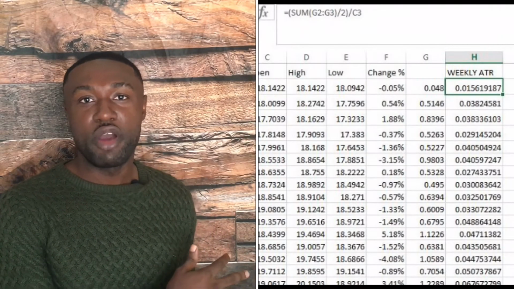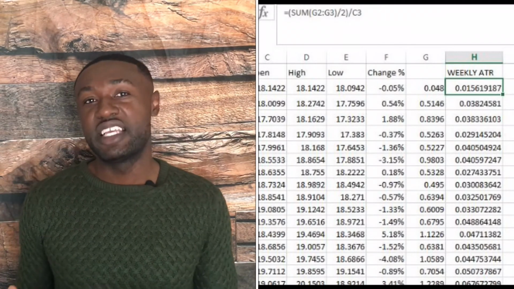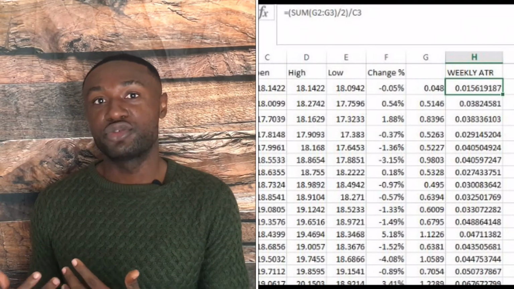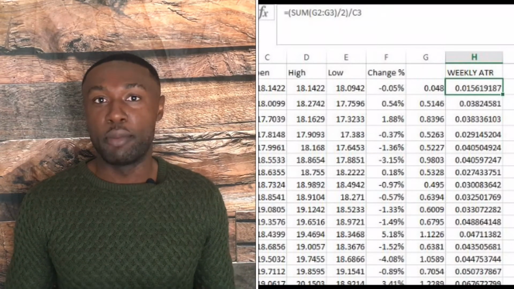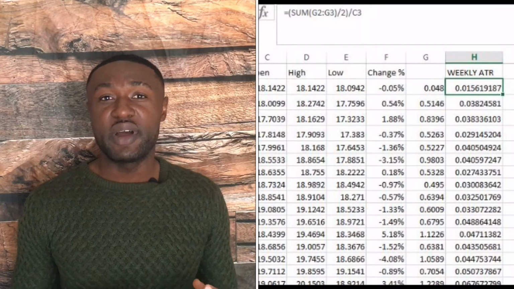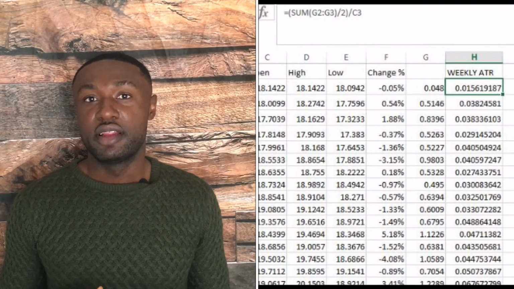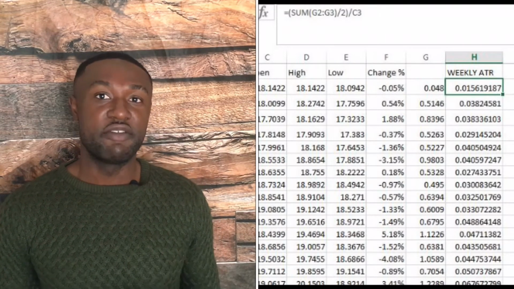I have a way of calculating it myself, and I try to identify what the historical trend has been. All I'm looking out for is to identify how many pips that particular asset moves in a given period.